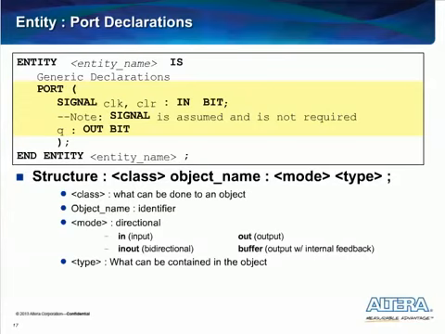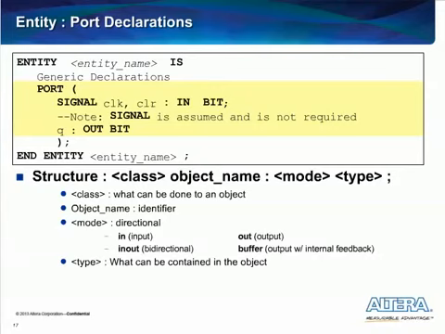Similar to the generic declaration, the port declaration starts with the keyword port and then, within parentheses, lists all of the I/O. It ends with a semicolon. The structure for a port declaration goes class, object name, colon, mode, and then type.